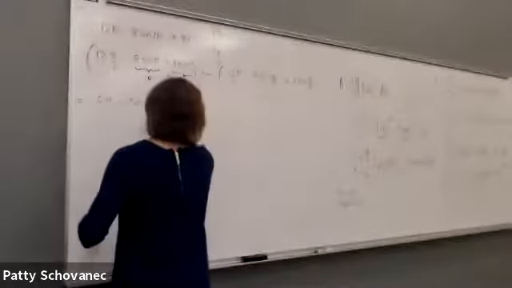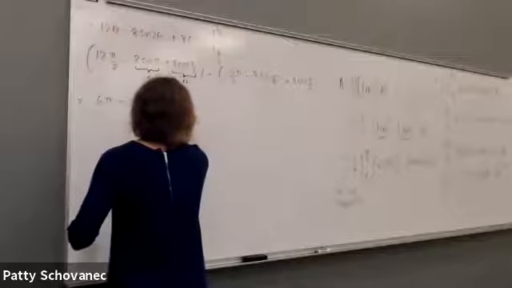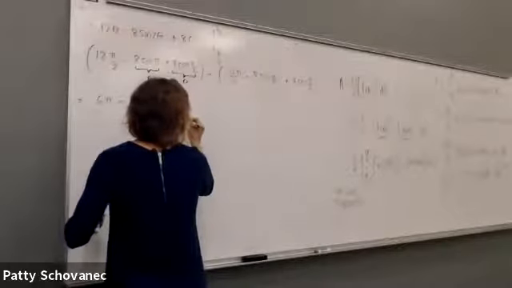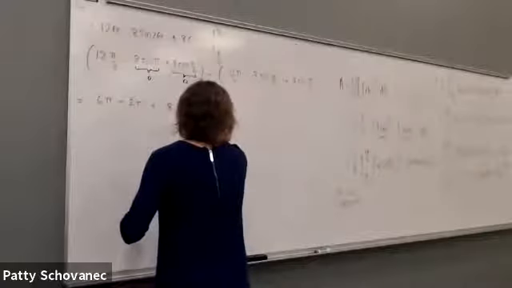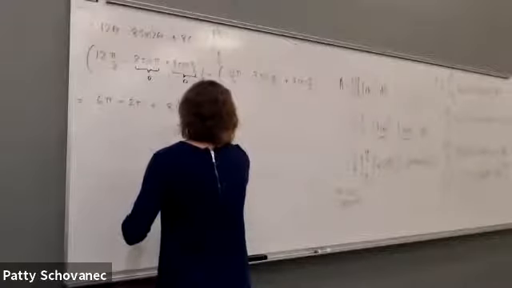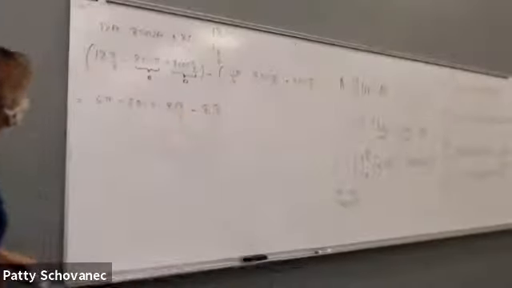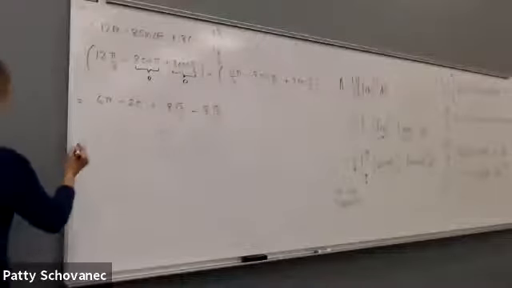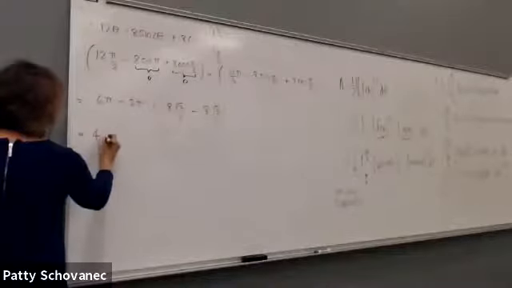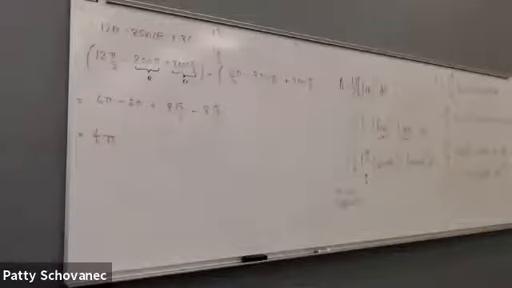Minus the minus gives me plus 8 square root of 3 over 2 minus 8 square root of 3 over 2. So life is good. The 8 square root of 3's over 2 cancel each other out. 6 pi minus 2 pi gives us a total area of 4 pi.